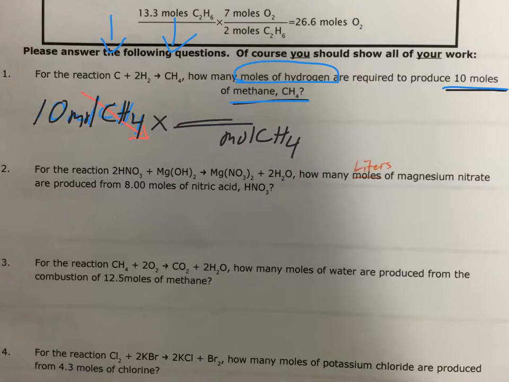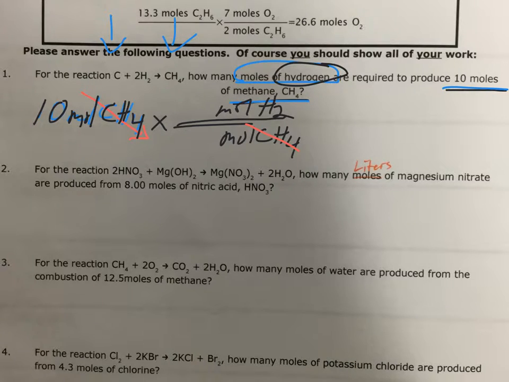Now, whatever you're looking for goes where? On the top. Okay? So since I'm looking for hydrogen, I have moles of H2. Everyone should be writing with me because we're doing the answer together. Okay? Let's do this step by step. So this allows you to cancel out the moles of CH4.